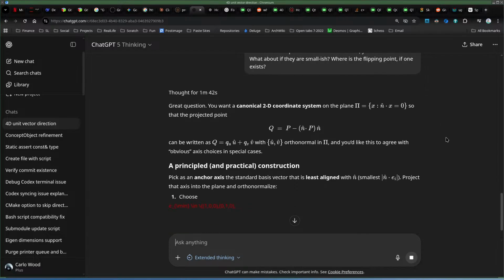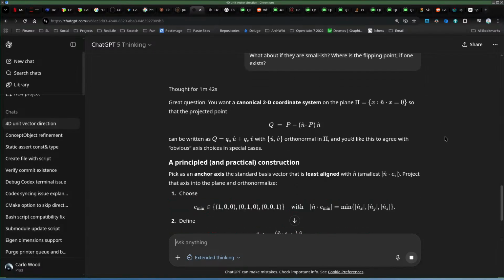Yeah, I want a canonical 2D coordinate system on the plane capital Pi. An x, what is this x? As a vector, I guess. Okay, the plane is defined by x where the dot product with a unit normal n is 0.